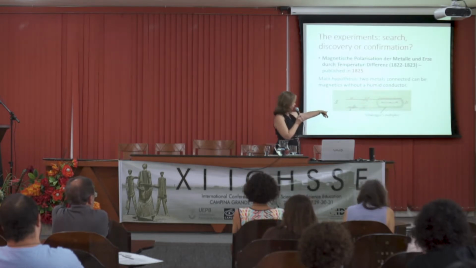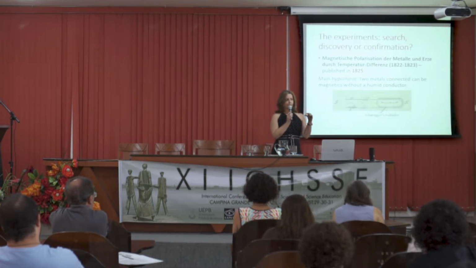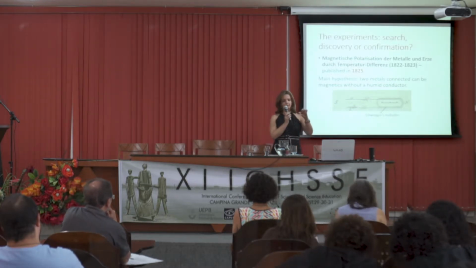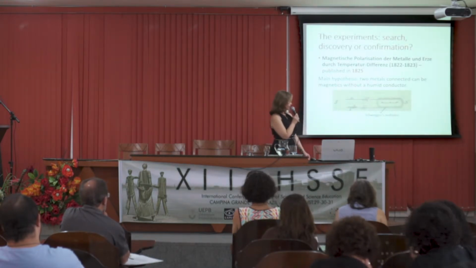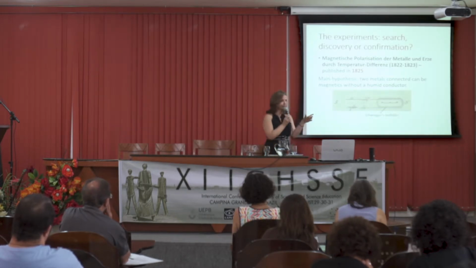He has a Schweigger multiplier that is 12 meters of copper tape. This copper tape is 5 millimeters wide, but he didn't say anything about the thickness of this tape, or the number of turns, and nothing about the size of the magnetic needle inside the multiplier.